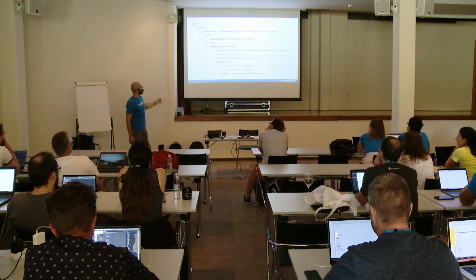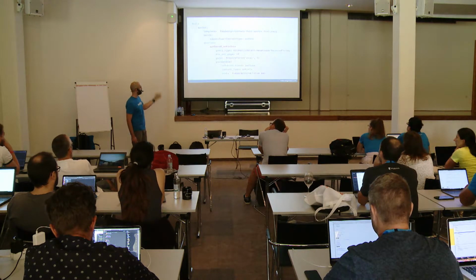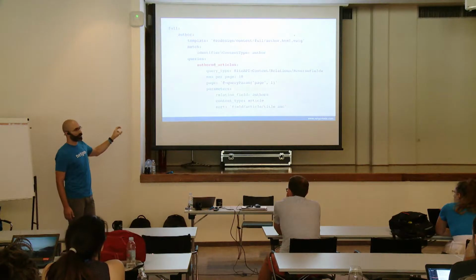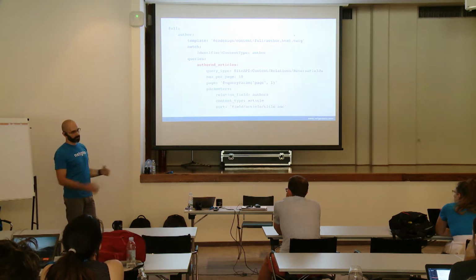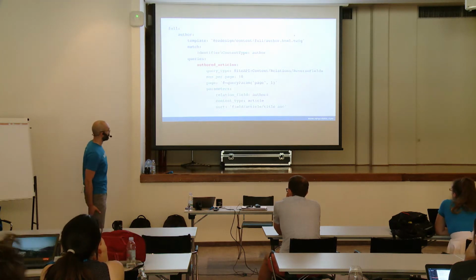Then you define some semantic configuration parameters. Max per page is 10. Page is kind of a special one, because the prefix with the @ and equal sign is what identifies the language expression. Behind this, there is a small bit of PHP logic that will get the page parameter from the request object and make it available in the configuration.